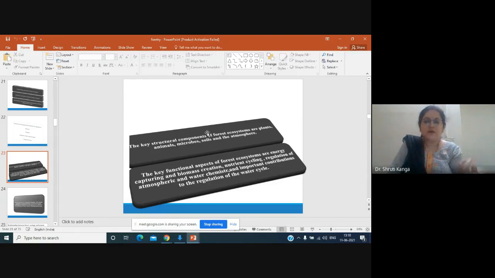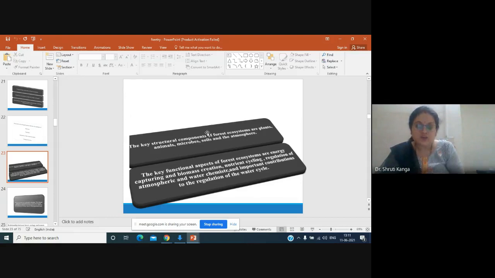So if plants are there, obviously there will be some kind of flora, fauna also inside this. Plants, animals, microbes, soils. To grow the plants, we need a soil. So soil and the atmosphere and the surrounding atmosphere. So these are the key components of any forest ecosystem.